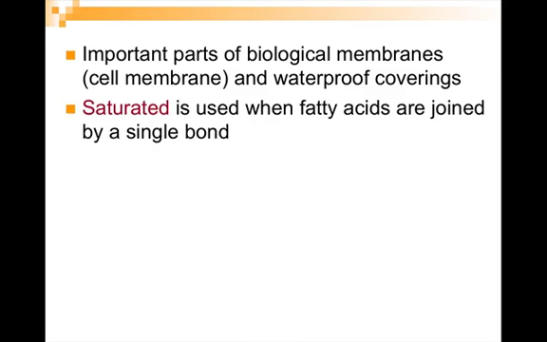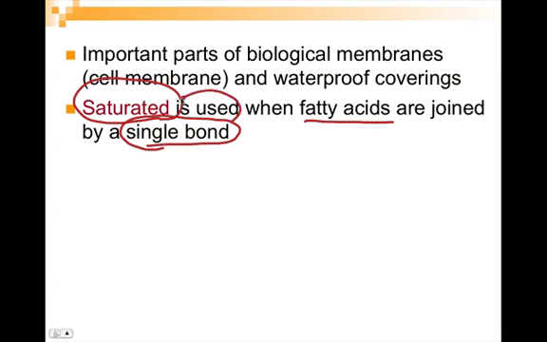There are two types of lipids when it comes to how they are joined together. There's what is called the saturated lipid, and saturated is used when the fatty acids, and remember, fatty acid is the monomer of a lipid, are joined together by a single bond.